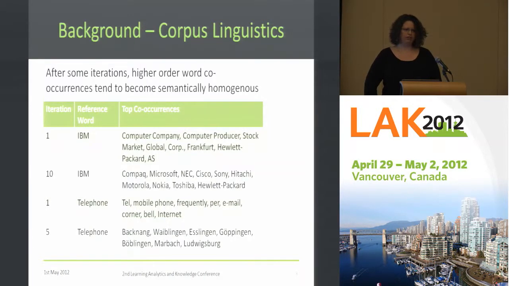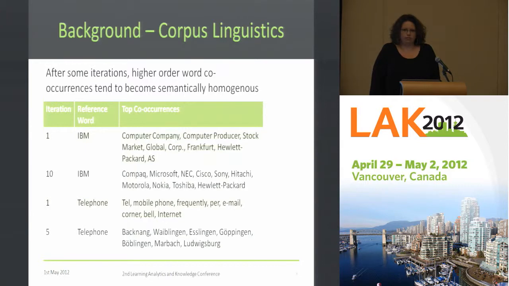This is not made up, this is a real-world example. For the reference word IBM, from the Brown corpus, a very common corpus in Germany, I translated the terms. We calculated the first order co-occurrences for IBM, and you can see computer company, computer producer, stock market, and so on.